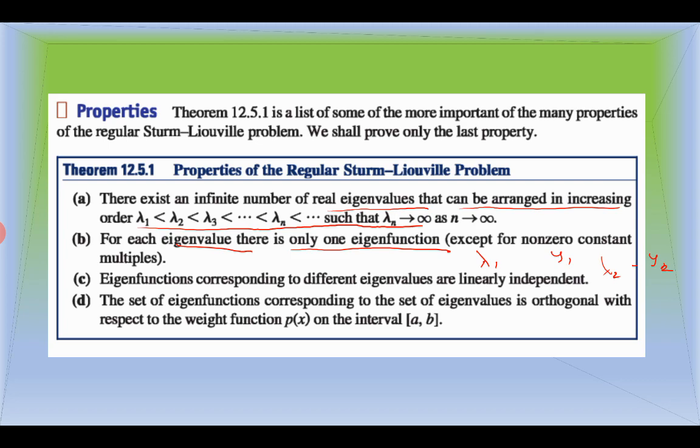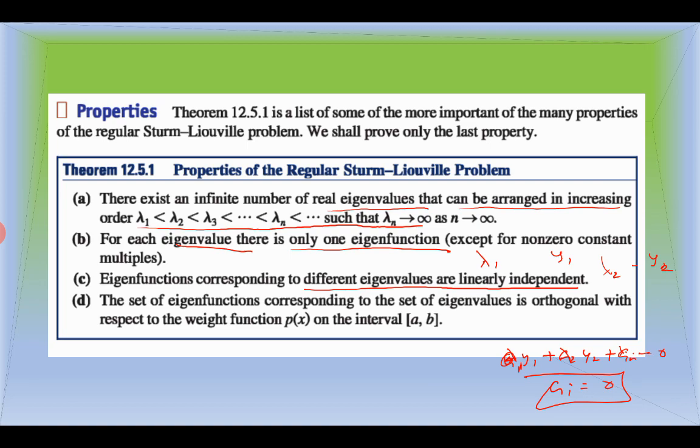Eigenfunctions corresponding to different eigenvalues are linearly independent. A linear combination a1 y1 plus a2 y2 plus up to an yn equal to 0 gives all constants as zero. That's the concept of linear independence.